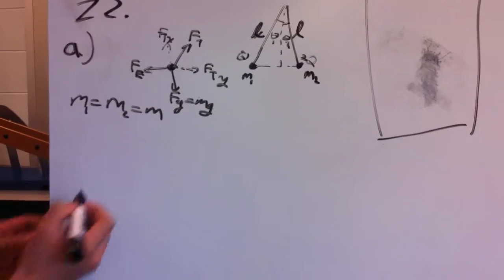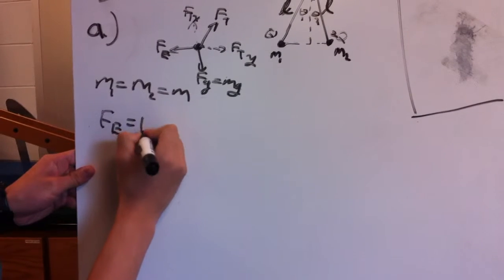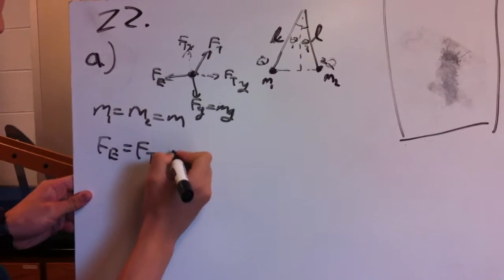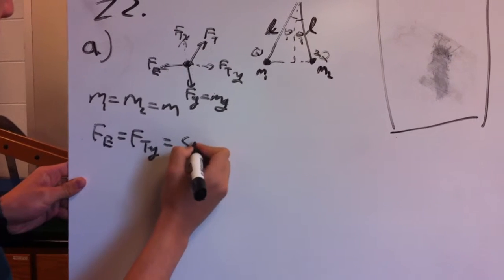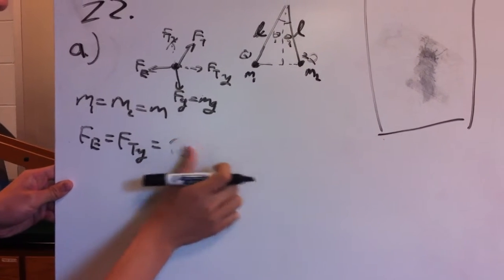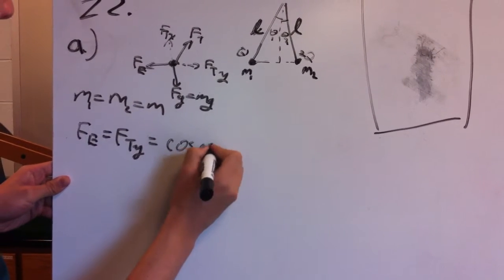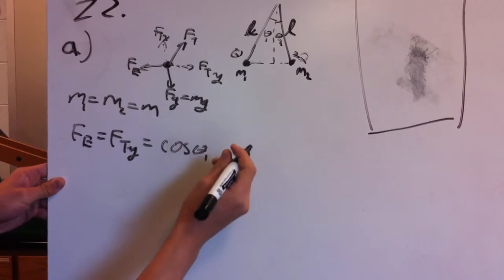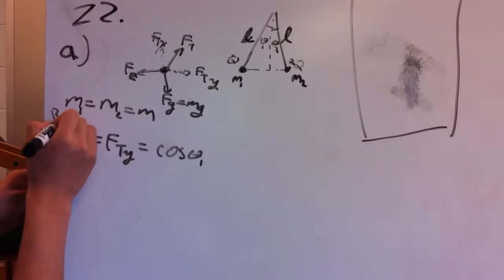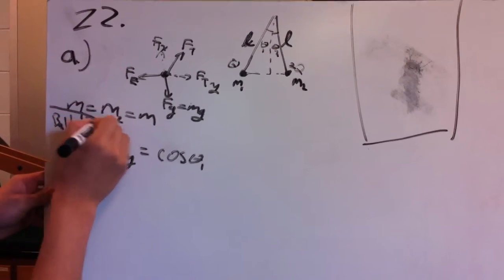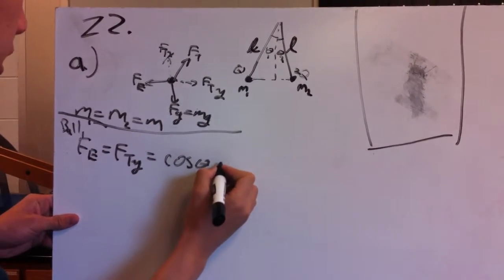So to start, you can say that Fe equals Ft of y, which equals cosine theta. So this is going to be for ball 1.